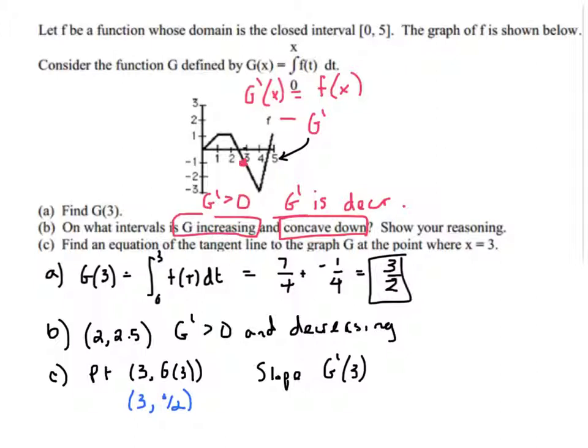So my tangent line is y equals, let me just write down that this was negative 1, the slope, multiplied by x minus the x coordinate, plus the y coordinate. There's my tangent line. So a bunch of questions that weren't terrible to answer. You just needed to be careful and use fundamental theorem.